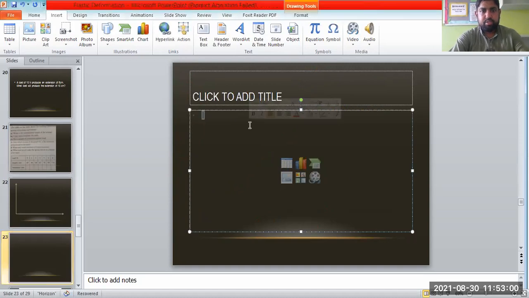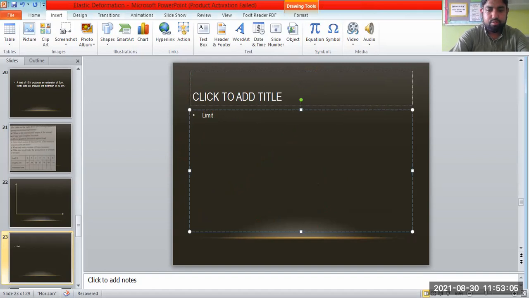So we can define limit of proportionality, then we can define elastic limit or elastic region, and then yield point.